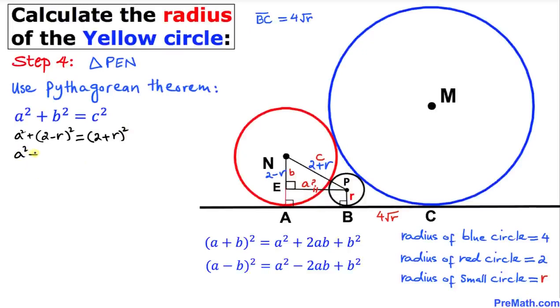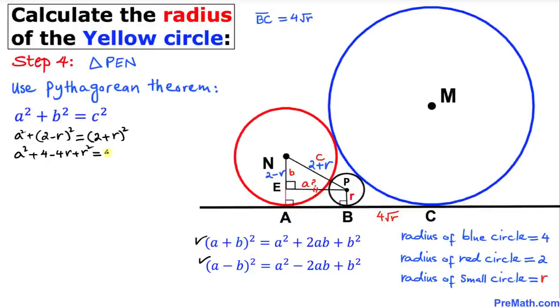A square plus (2 minus r) square, we're going to be using this formula, (a minus b) square. So if we use that one, we are going to get 4 minus 4r plus r square equal to this right hand side (2 plus r) square. We're going to be using this (a plus b) square formula.